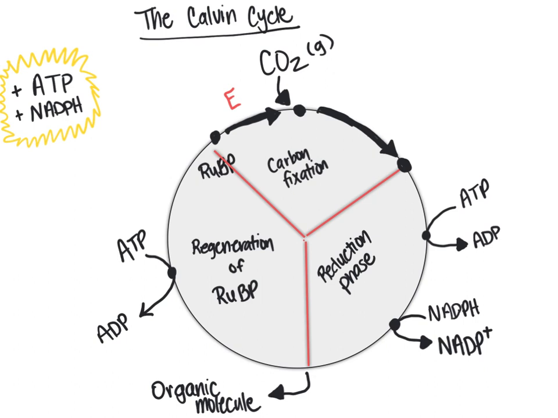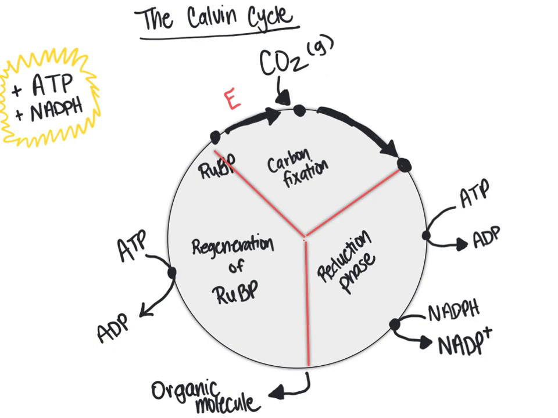So this is a very generic drawing of the Calvin cycle. And what you do need to know is that it does require ATP in the reduction phase and in the regeneration of RuBP. And it's also going to require the electrons from that NADPH, and those were produced in the light-dependent reaction.